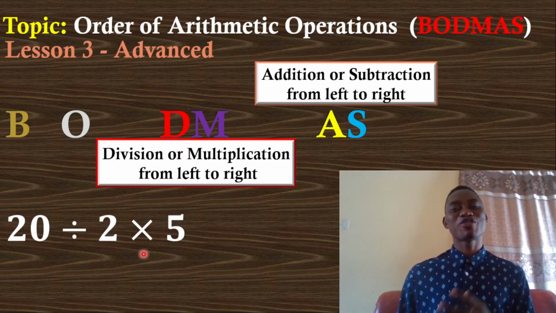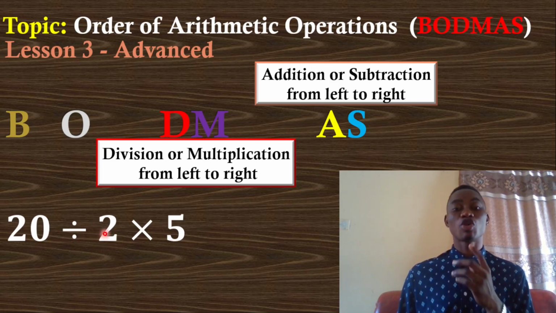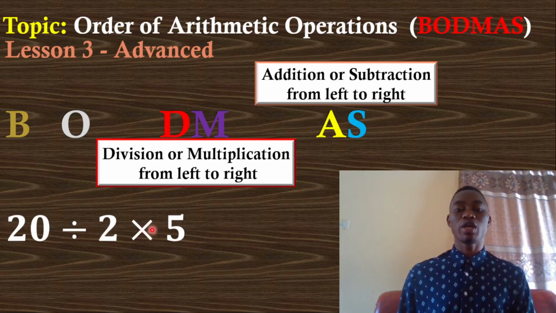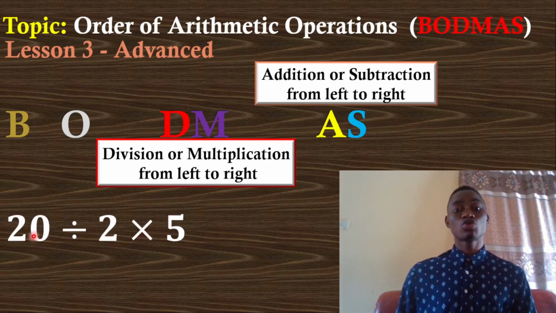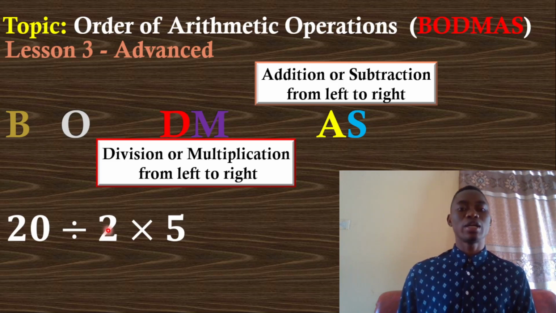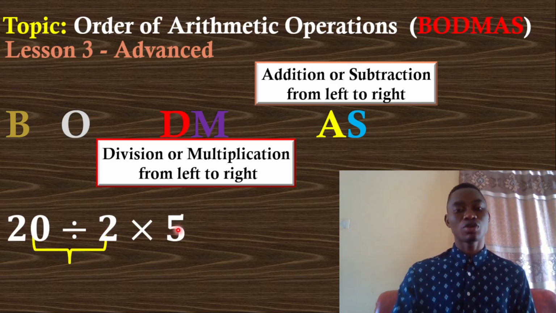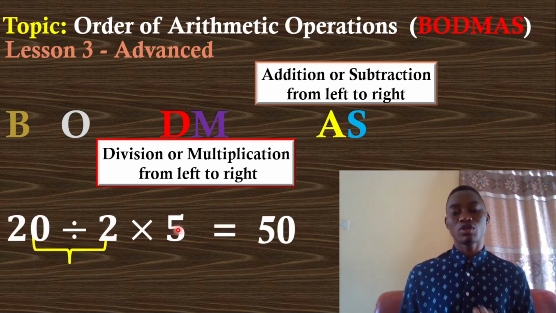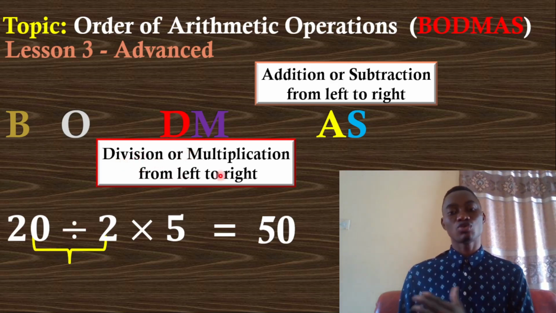So we are going to perform the division first before the multiplication. So 20 divided by 2 gives us 10, and 10 times 5 returns 50. Very clear. As you can see my arrow, division should be taken care of from left to right.